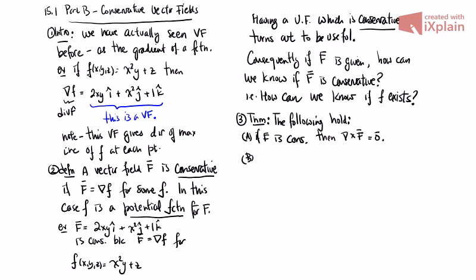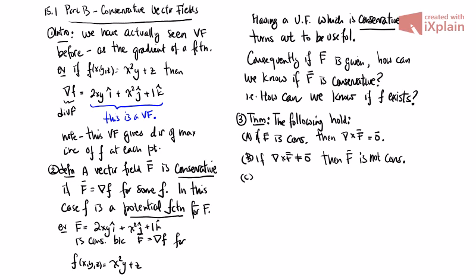As a consequence, the negation of this, since if F is conservative then the curl is 0, is that if the curl is not the 0 vector, then F is not conservative. Now, it would be really nice to have something that says, if the curl is 0, then it is conservative.